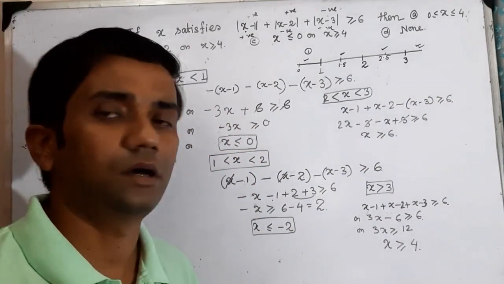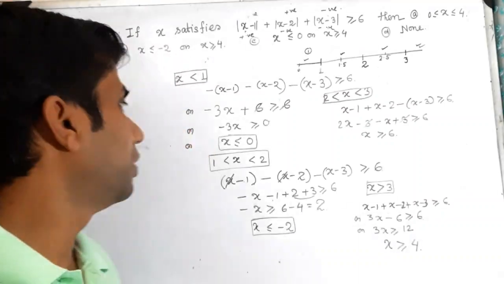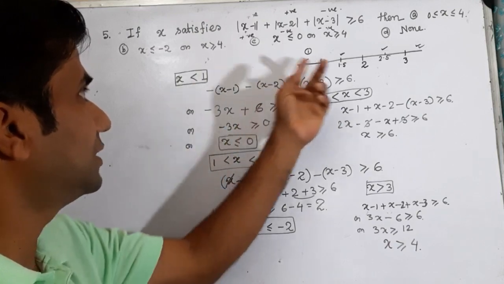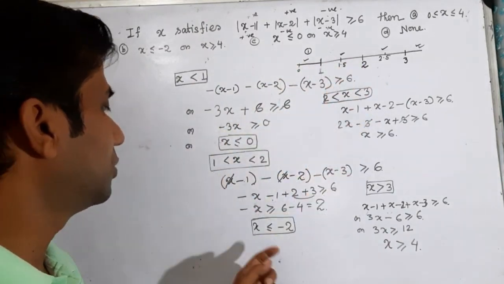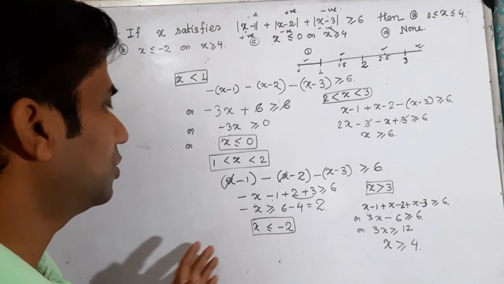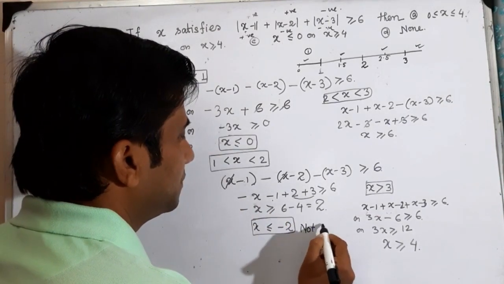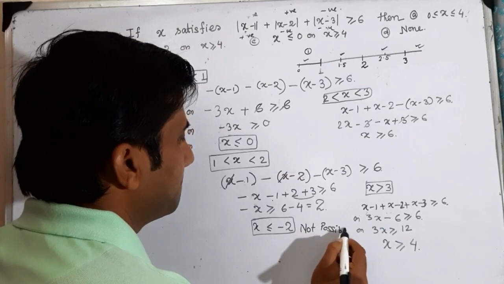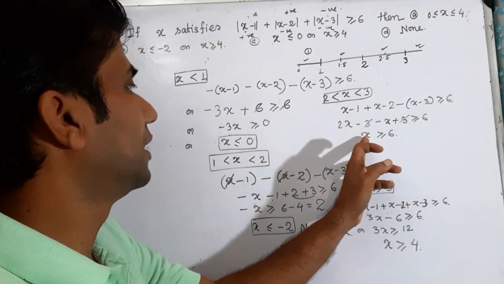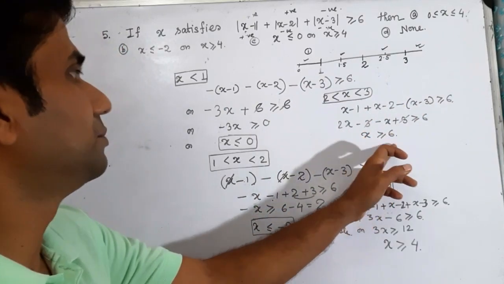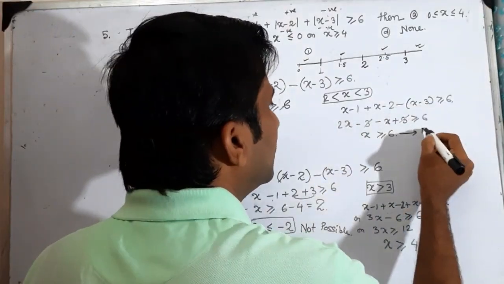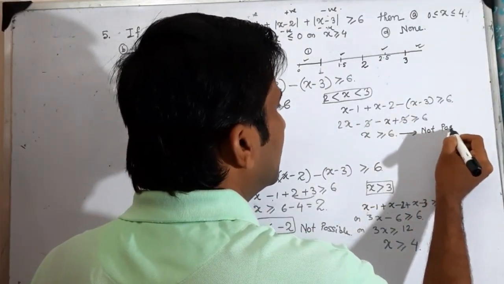Now, our solution is: when x lies between 1 and 2, the solution lies at x less than or equal to minus 2. This is not possible. If x lies between 2 and 3, then x greater or equal to 6, also not possible.